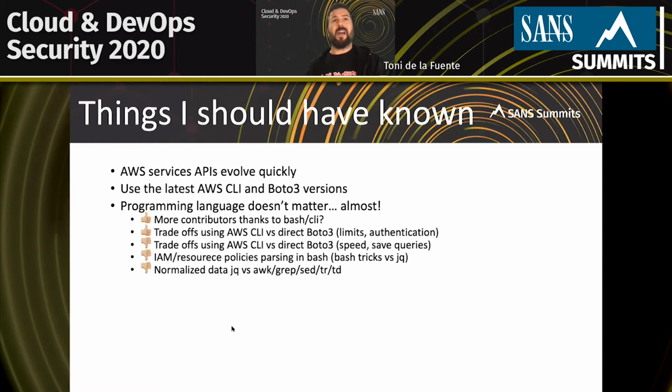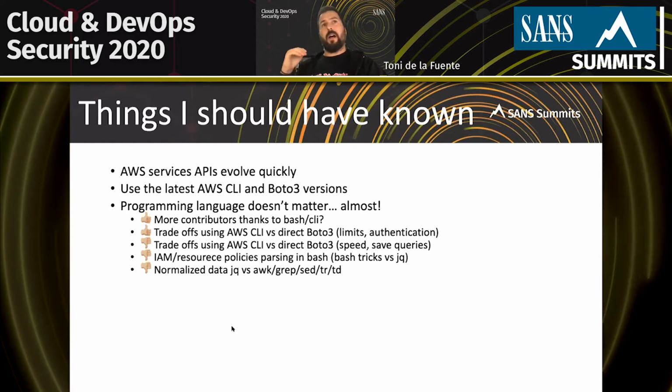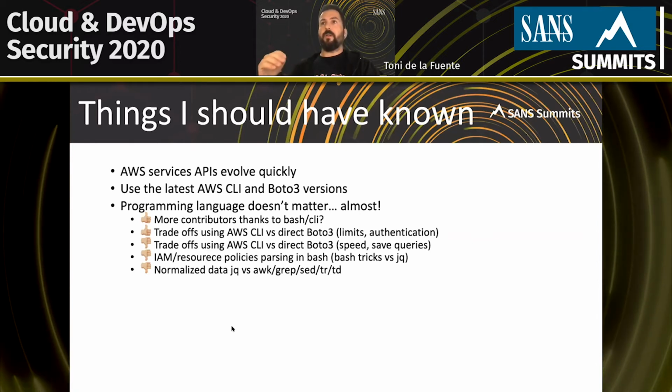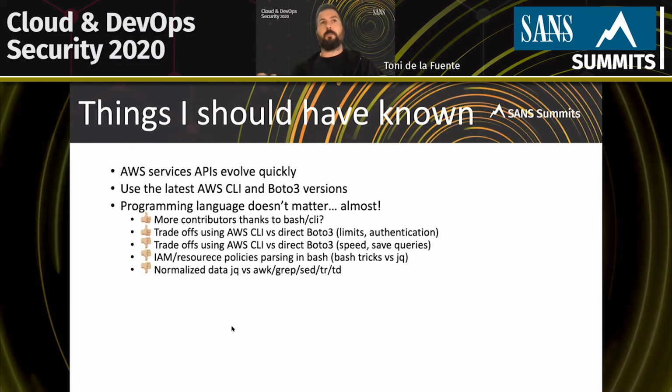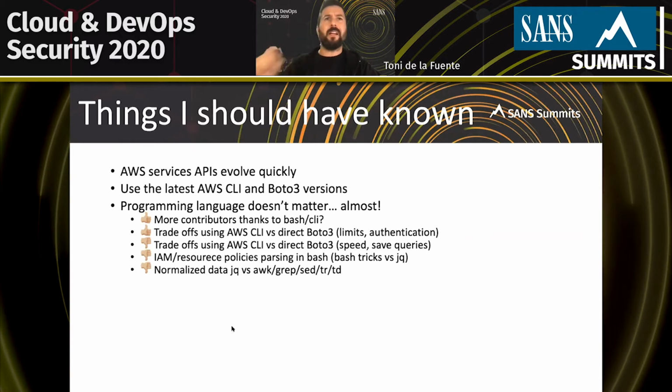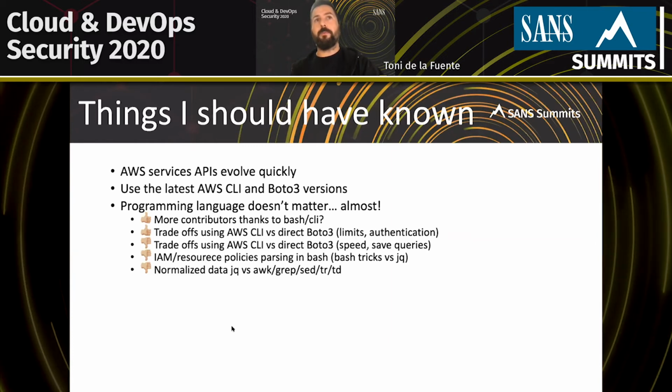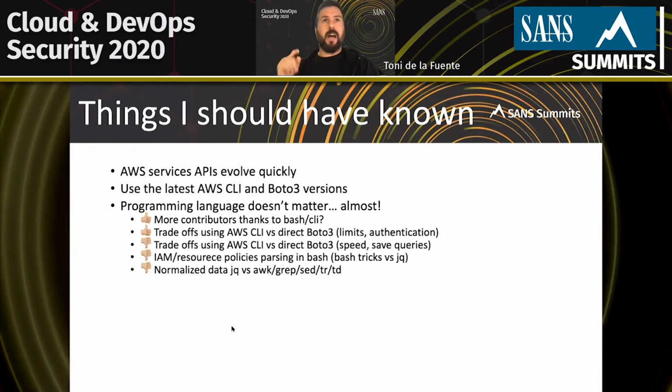So there are so many things. I wanted a tool that gave me the answer as soon as possible. I wanted to know, hey, how many databases are in RDS with encryption disabled? And I wanted just one command to get that.